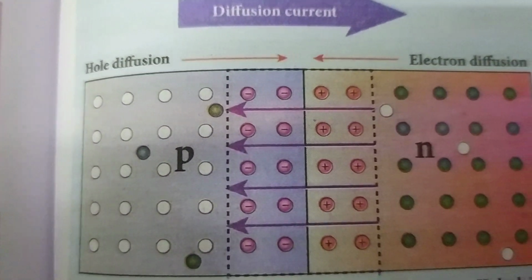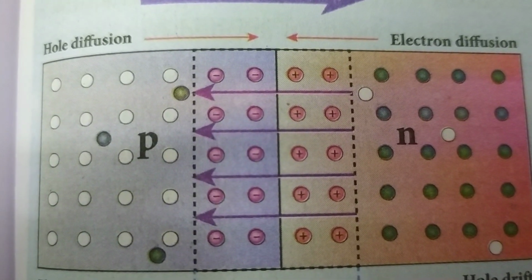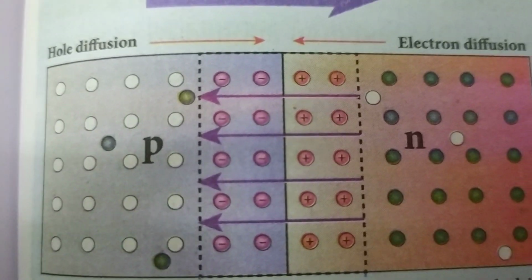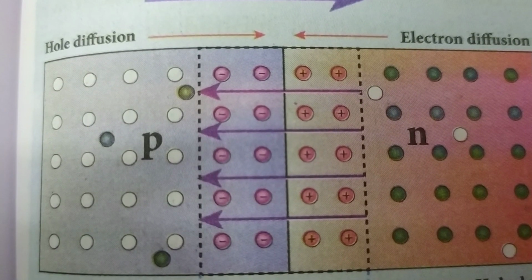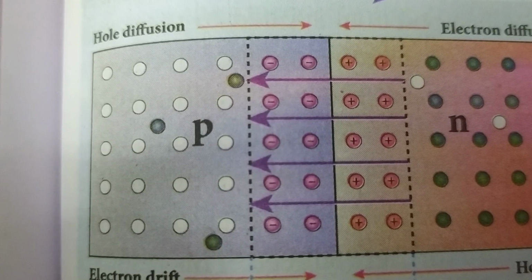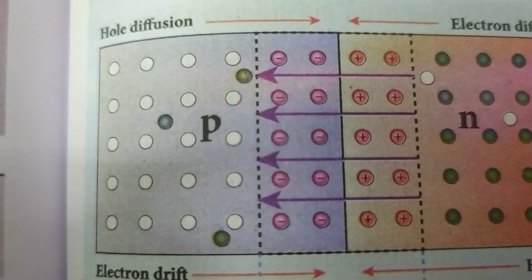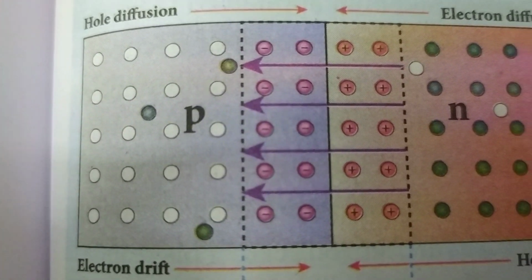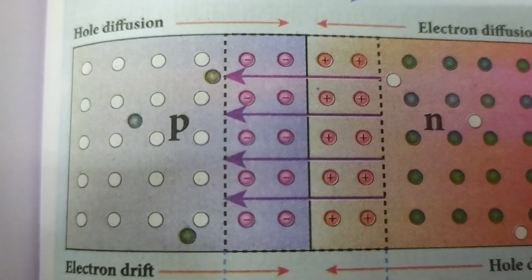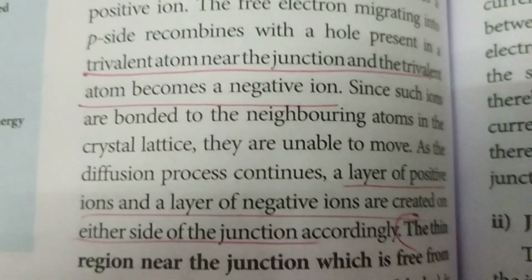In this diagram, in the P type you have negative ions, whereas near the N type you have positive ions, because electrons leave the N type, which becomes a positive ion, while they recombine with the holes on the P side, which become negative ions. So there are negative ions near the P side and positive ions near the N side. This process will continue till an equilibrium is reached, and that we shall see now.